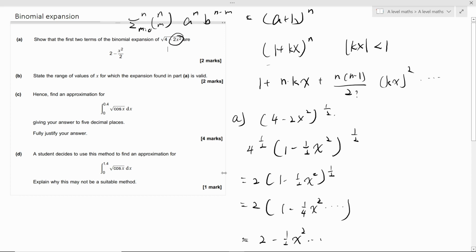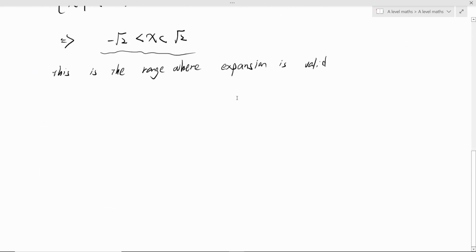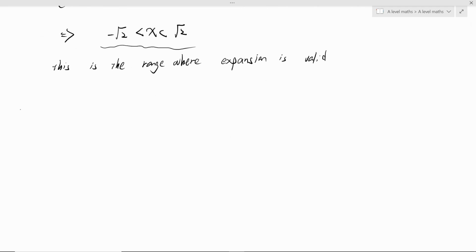Hence, find an approximation for the integral of square root of cos x between 0 and 0.4, giving your answer to 5 decimal places. Get your calculator ready, and fully justify your answer. So, what do we expect? The integral from 0 to 0.4 of square root of cos x dx.